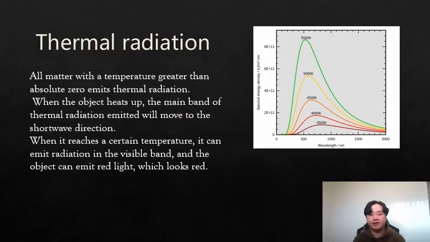Thermal radiation. All matter with a temperature greater than absolute zero emits thermal radiation. When the object heats up, the main band of thermal radiation emitted will move to the short wave direction. When it reaches a certain temperature, it can emit radiation in the visible band, and the object can emit red light, which looks red.